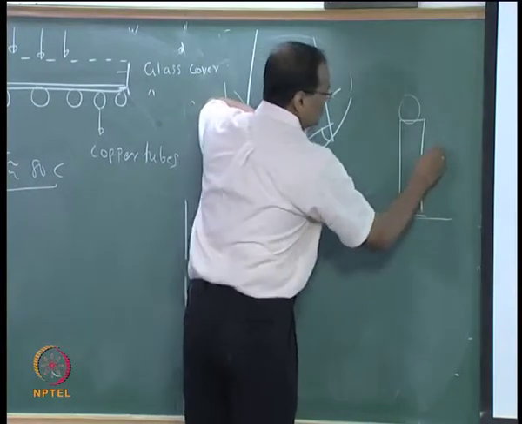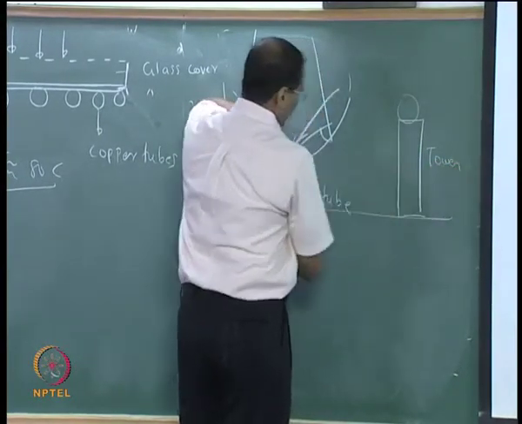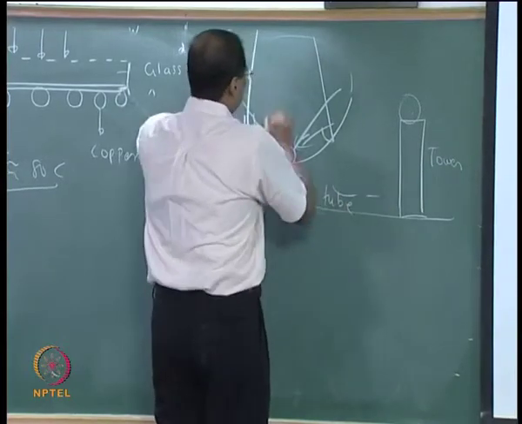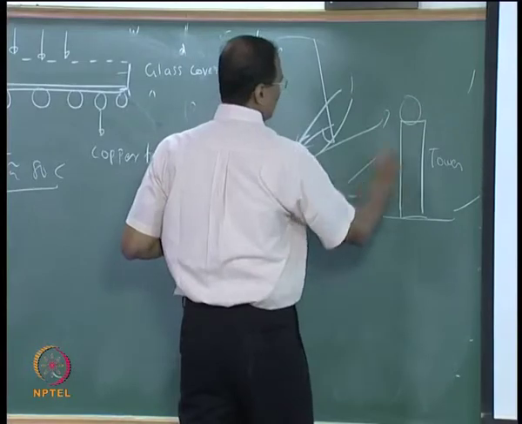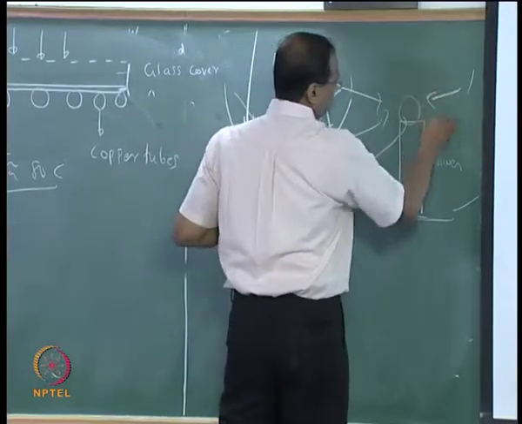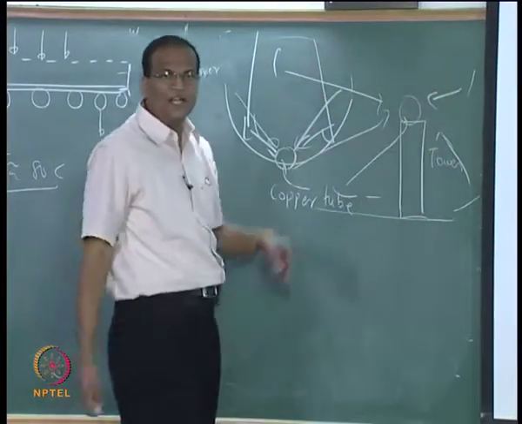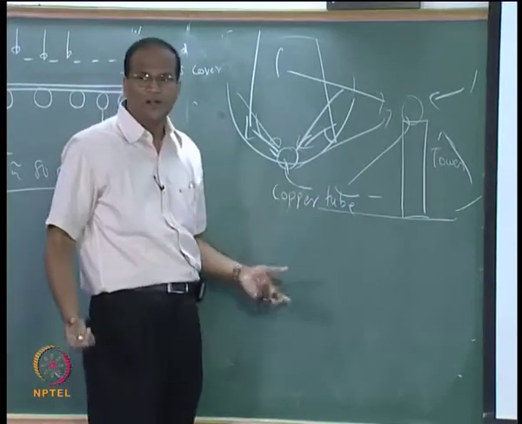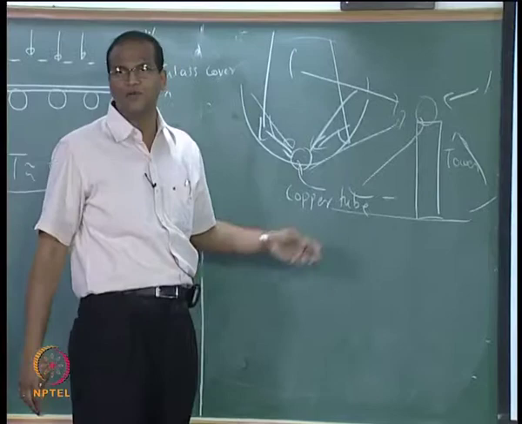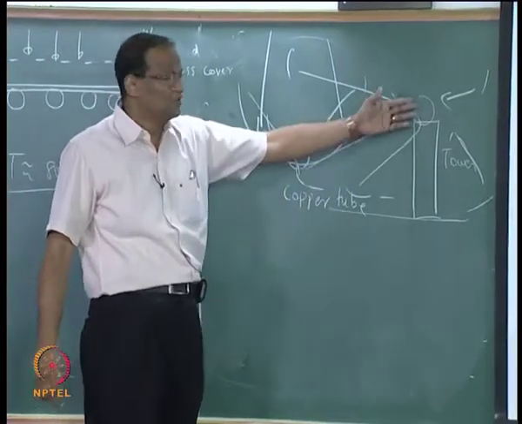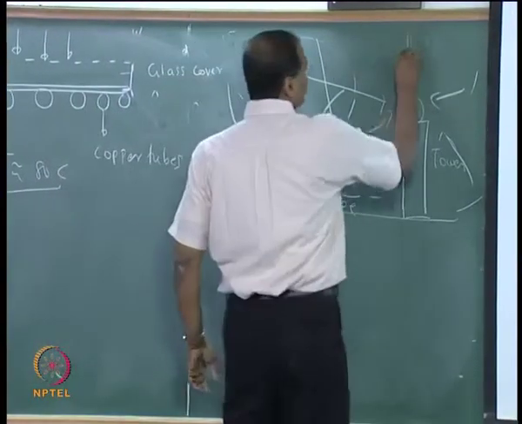This is the ground, this is the tower. You will have all these fellows like this. You will track all of them. All these fellows will send the radiation up using these motors during the time of the day, during the season. Dual degree students must have studied this in many courses. This is called the power tower concept.